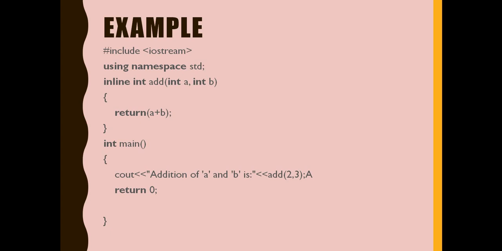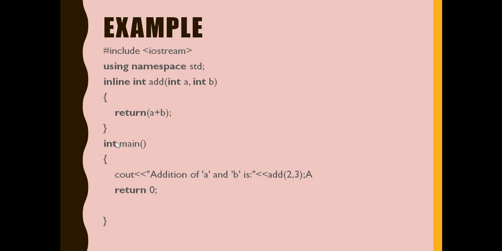We have used the keyword inline, return type int, name of the function add, and it takes two parameters a and b. Now the function is going to return data, that is both the parameters a and b are added and the added data is being returned.